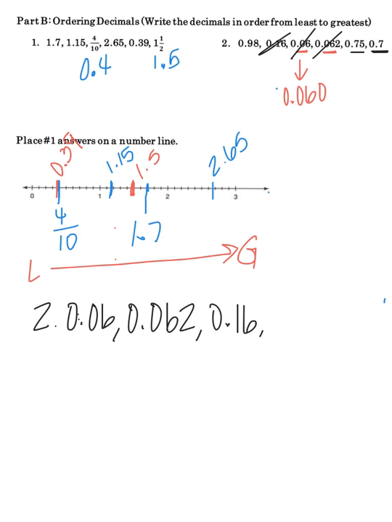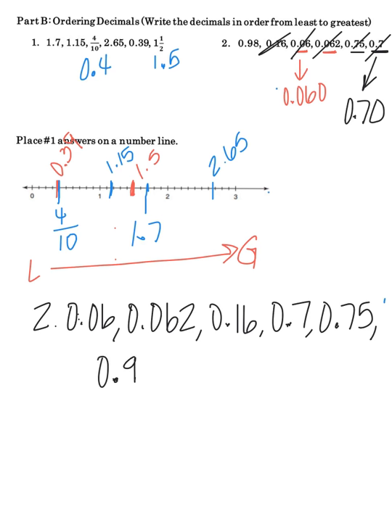We can rewrite this 7 tenths to have the same digits in place value as the 75 hundredths by adding a 0. 70 hundredths is less than 75 hundredths. So our 0 and 7 tenths would come before our 0 and 75 hundredths in order from least to greatest. That leaves us with one more decimal. This is our greatest given, 0 and 98 hundredths.